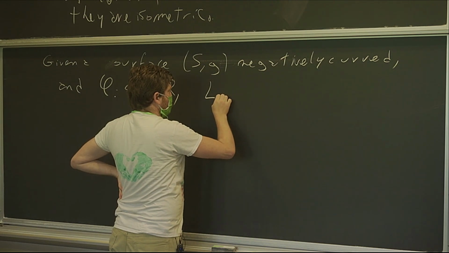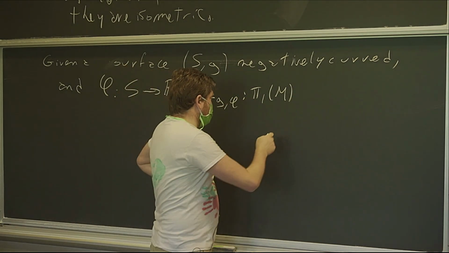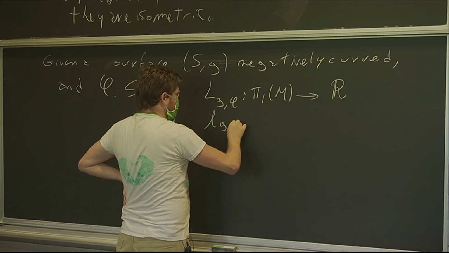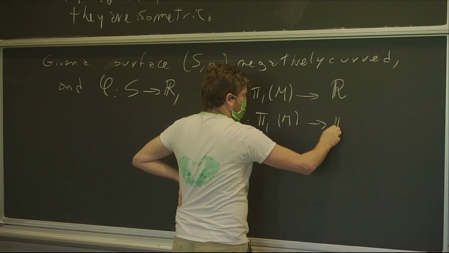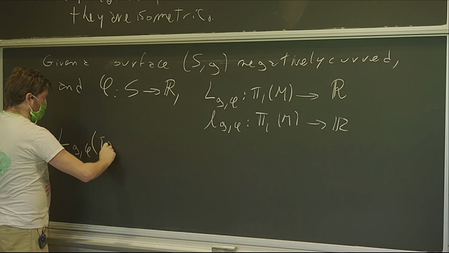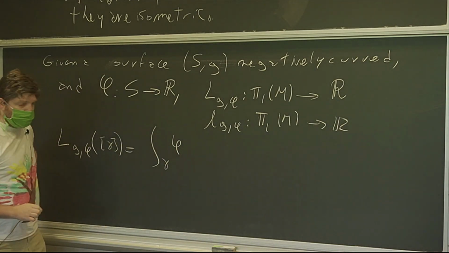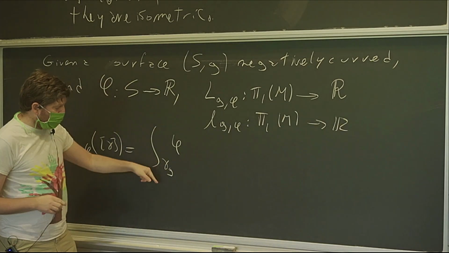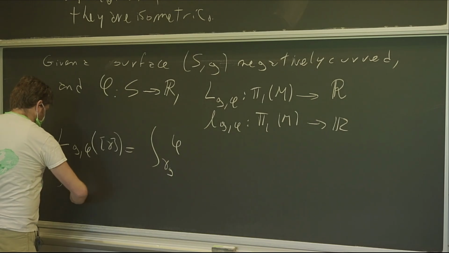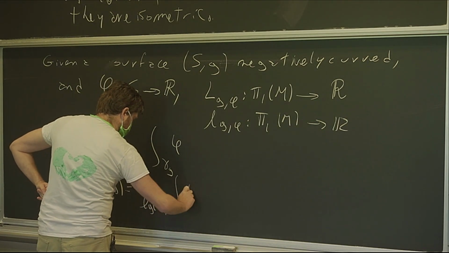One is capital L_g phi, defined on pi1, the homotopy or isotopy classes of curves, into R. Here the capital L_g phi of a class gamma is the integral over gamma_g of phi, parameterized by arc length, and the other is the normalized length, which would be 1 over the length times the integral of phi.